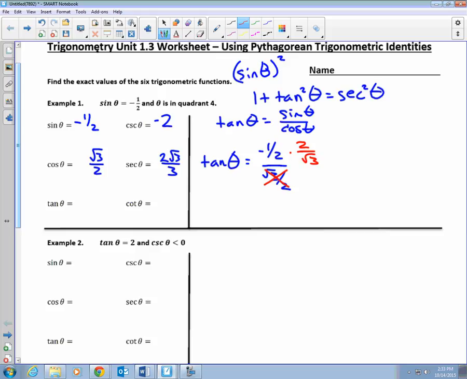What's going to cancel when I do that? 2's. I get negative 1 over the square root of 3. Can you have the square root of 3 in the denominator? No. So what do you have to do? Multiply top and bottom by the root of 3. We get negative root of 3 over 3.